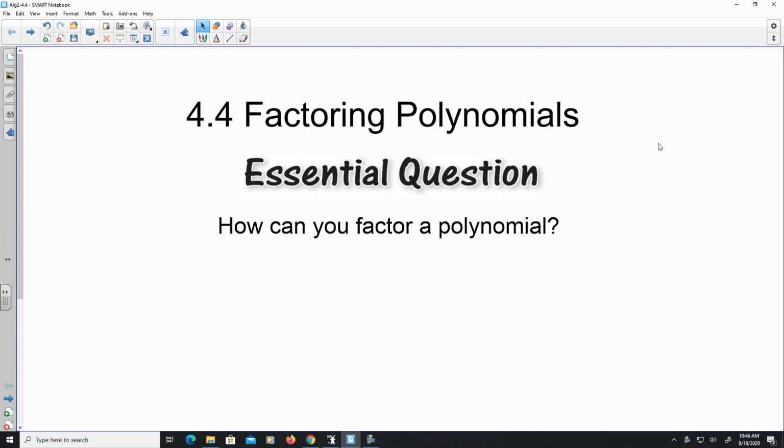When it's a trinomial, you're trying to get it into a product of two binomials. If it's a binomial, is it a sum or difference pattern? If it's four terms, we're grouping it, stuff like that.